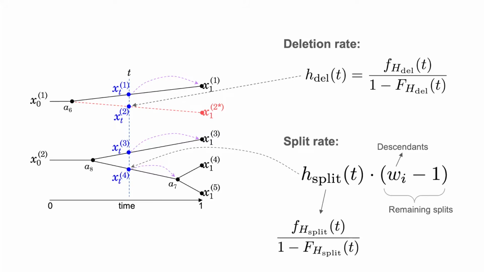Yeah, so maybe I can just try to spell out. First of all, let's see what is FH del. It's a distribution, right? And what you're doing with this is you're parameterizing a rate. Okay, so the rate must be going to one as we get closer towards time one.